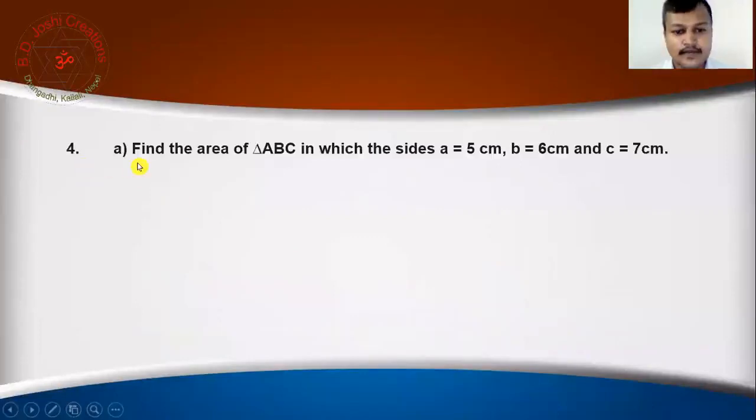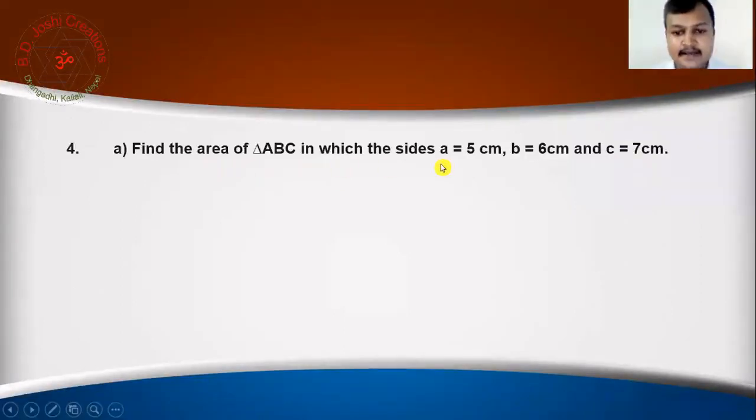Look at question number 4A. Find the area of triangle ABC in which the sides A is equal to 5 centimeter, B is equal to 6 centimeter, C is equal to 7 centimeter. That means it is a scalene triangle.